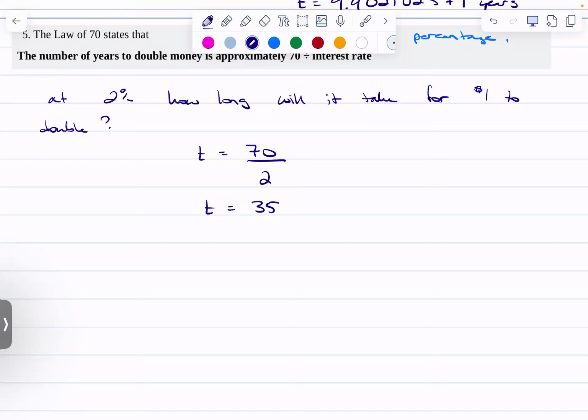But it does give you a nice tool to determine if you like a rate or not, how long you can determine if you're comfortable with that doubling time, whether you want it to double or whatever. It just gives you a guideline of how long this is going to take. A small lifetime is how long it's going to take. Okay.